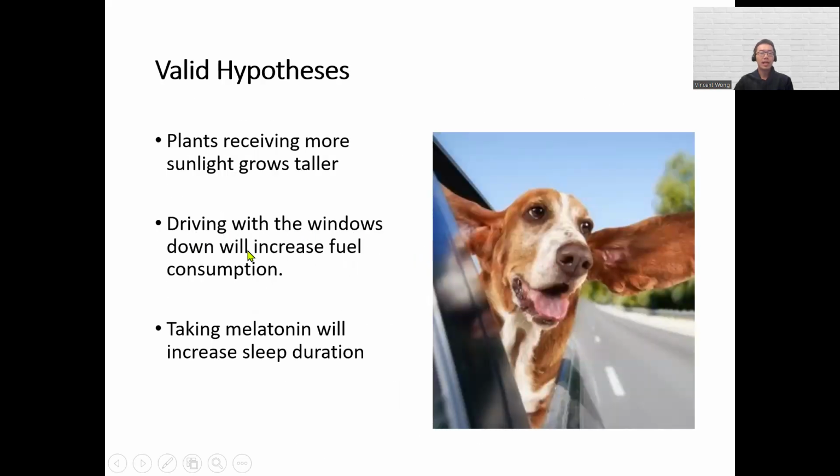Driving with the windows down will increase fuel consumption. Let's do a poll. All right, let me see where you guys are at. So A is window position, open or closed.